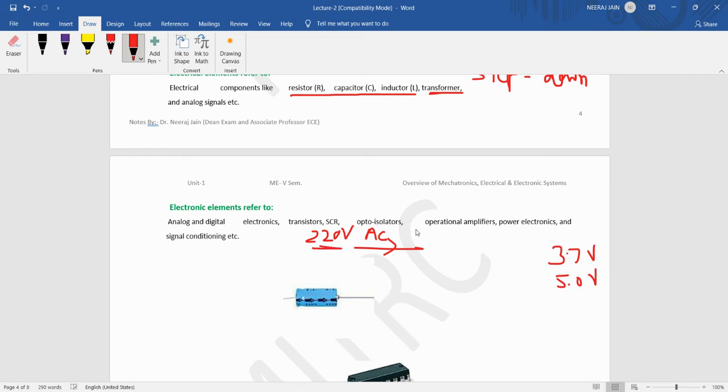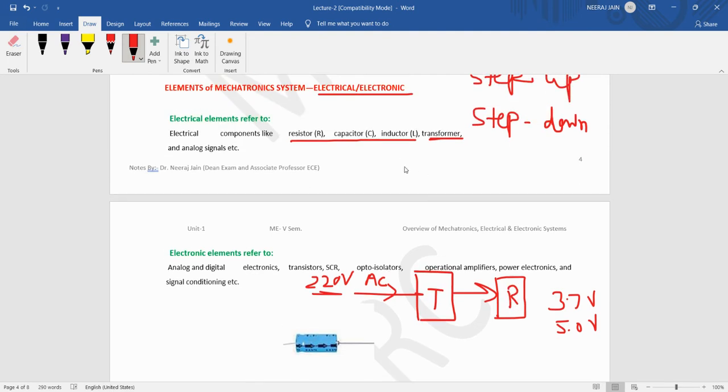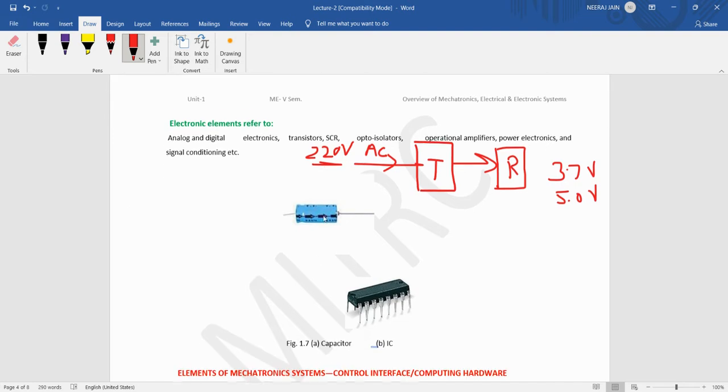So first, with the help of the transformer, this voltage is stepped down, and then it is rectified. We use the transformer and rectifier in this circuit. So these are the basic elements which are widely used in circuits.